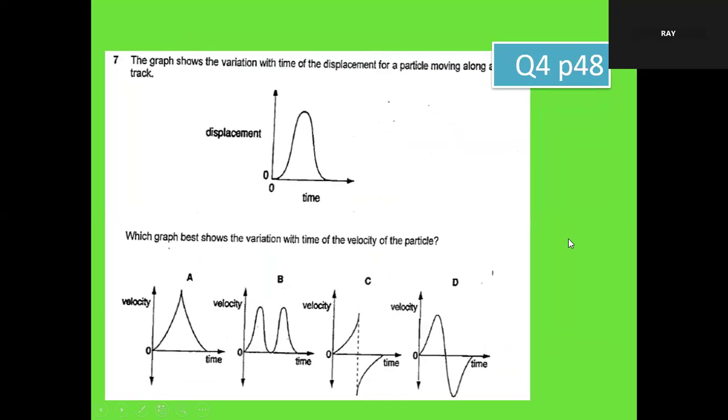Let's try this one. Question 4. The graph shows the variation with time t of the displacement of a particle moving along a track. Which graph best represents the variation with time t of the velocity of the particle?